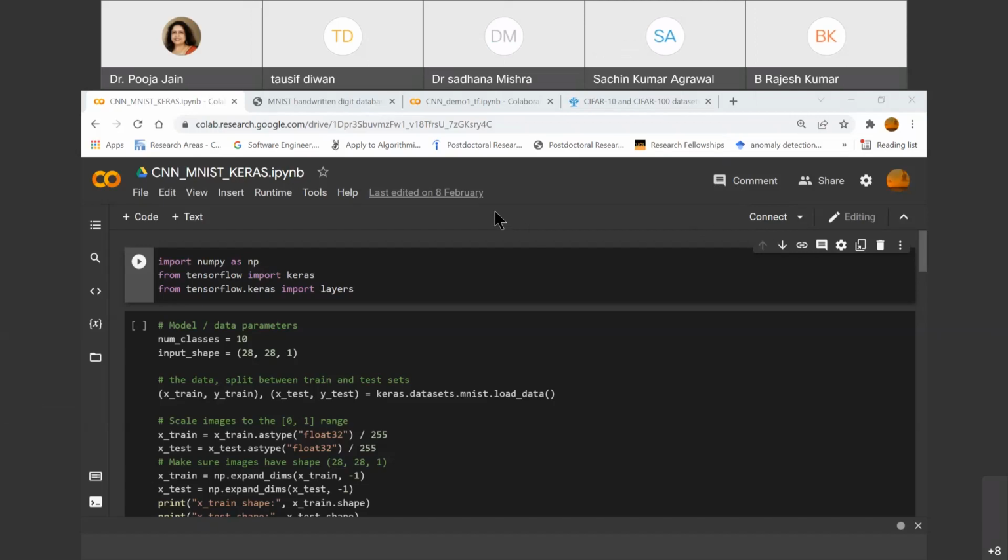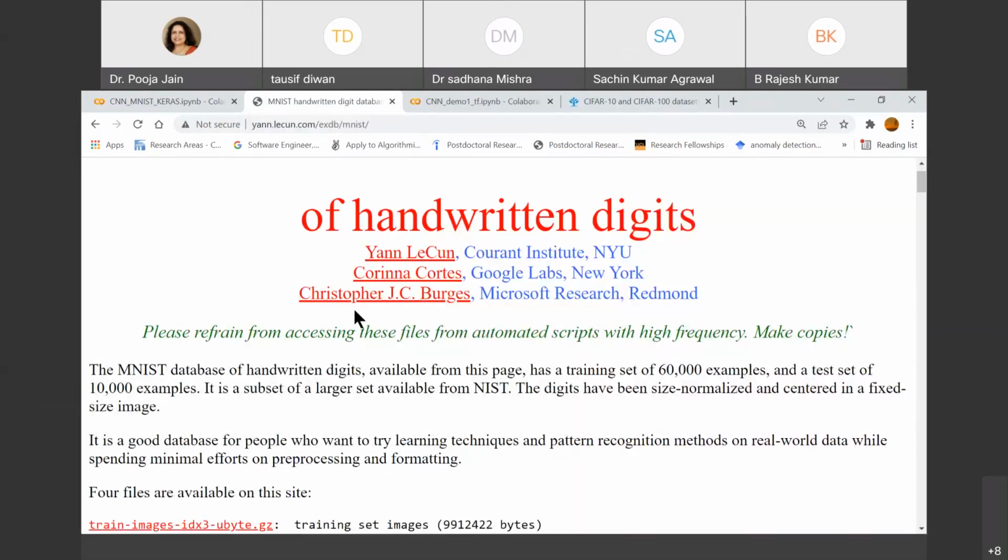Hello, good afternoon all. Today we will try to implement this convolutional neural network for two very famous datasets. One is MNIST and another one is CIFAR. Before jumping to the MNIST implementation using this convolutional neural network, take a look at what this dataset is all about and how it is categorized into training and testing parts, and how many instances are in each.